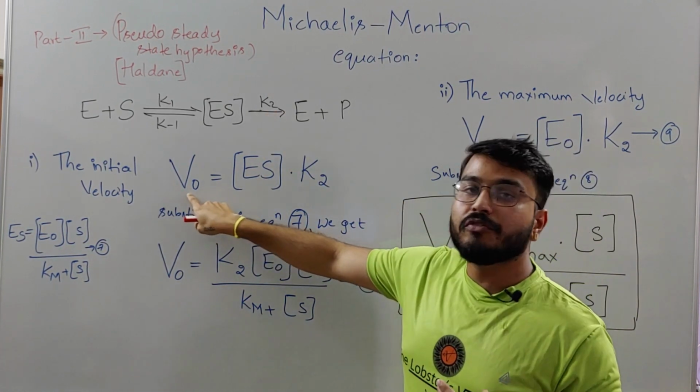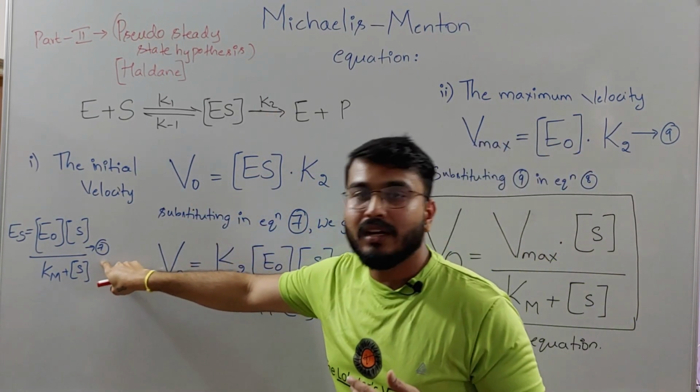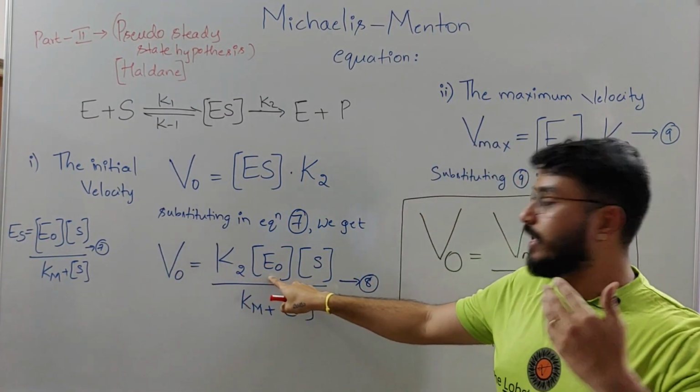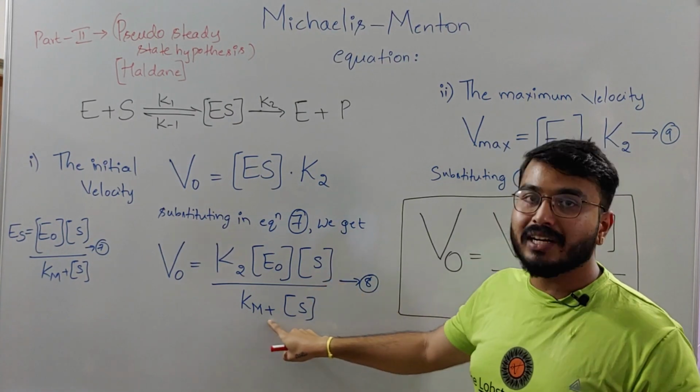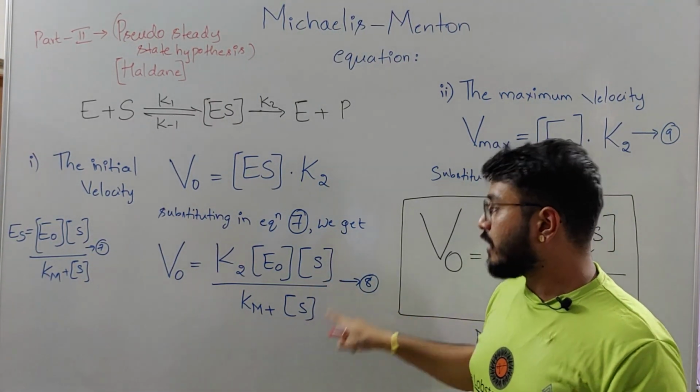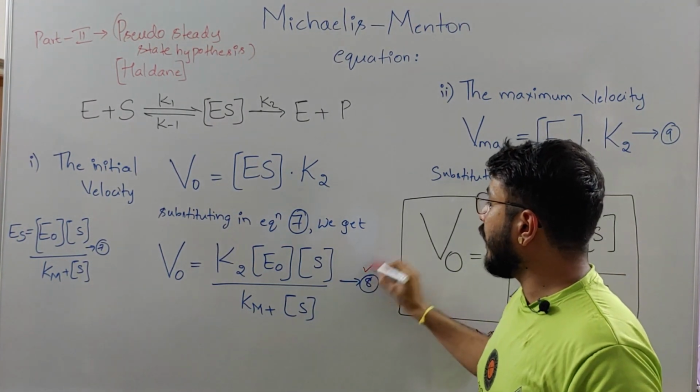Now substituting the value of V0 in equation number 7, we get V0 is equal to K2 into the molar concentration of E0 into substrate concentration divided by the Michaelis-Menten constant Km plus substrate concentration. That gives us equation number 8.